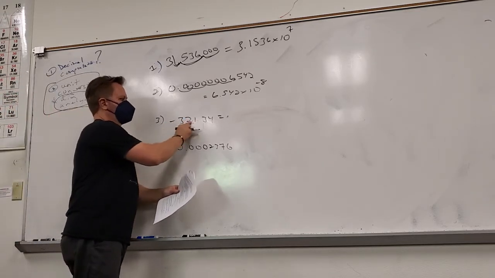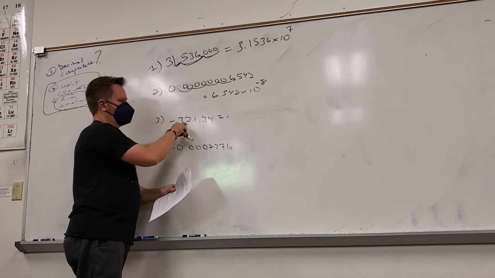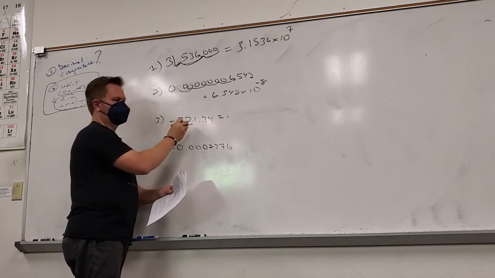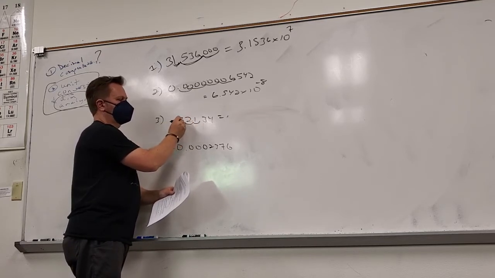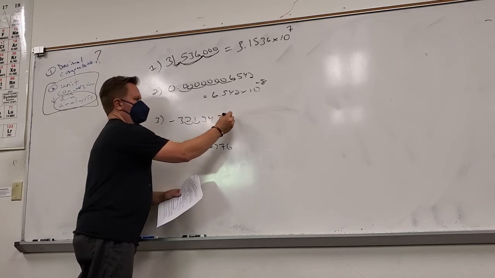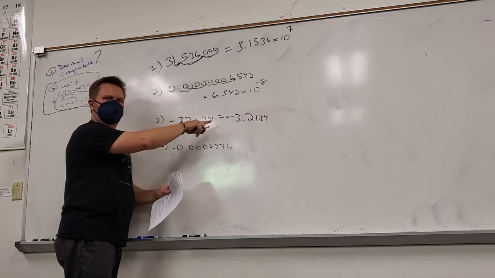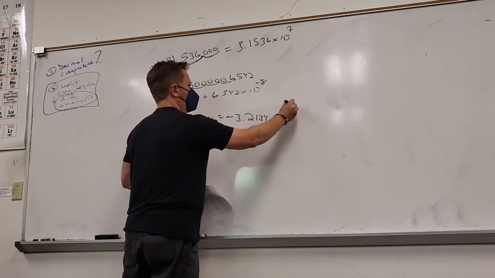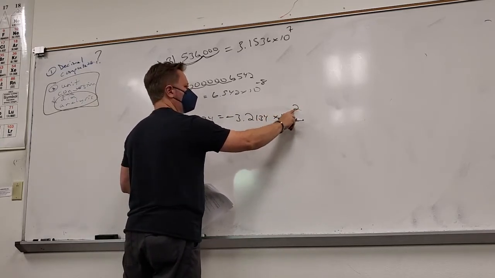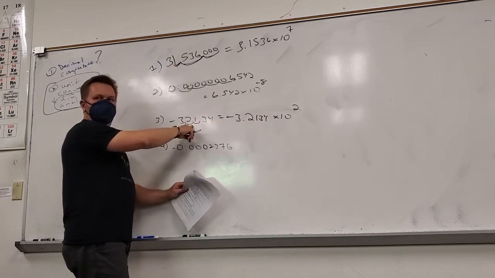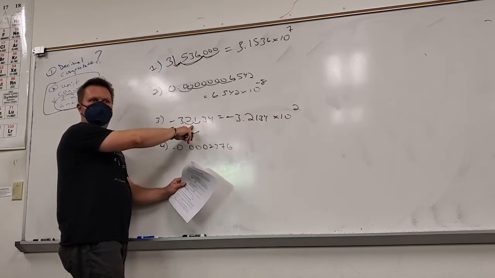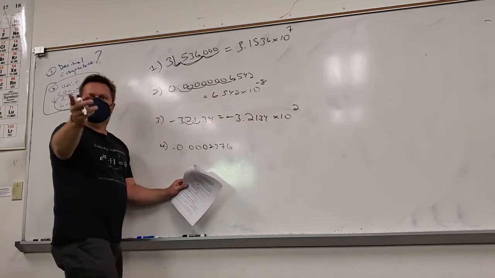Decimal's currently here. I want it there, so once, twice. Negative 3.2134, right? So now it's there, times 10. And why is that positive? Because it was bigger than 10, it's a whole number, not a decimal.